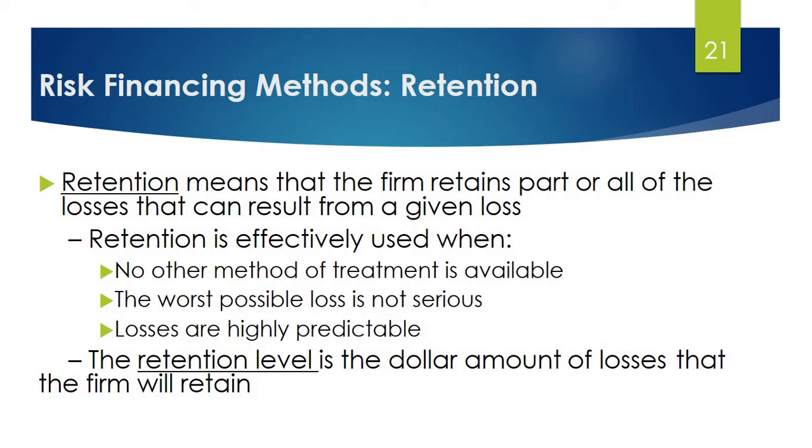For example, a firm may retain all the loss exposures due to physical damage, and passive retention means the firm doesn't really know about its loss exposure. For example, a firm may not know how much it could lose due to an earthquake.